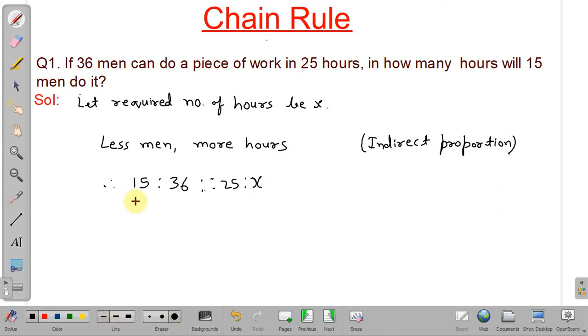Now if you are aware of proportion, in proportion we know product of means equals product of extremes.